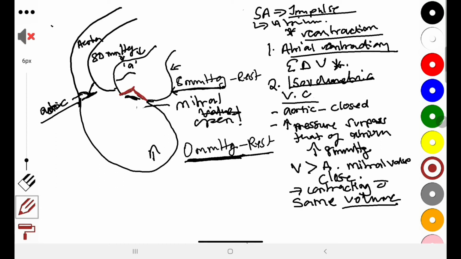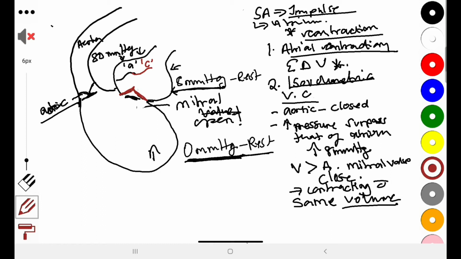It makes a bulge into the atrium, and this bulge makes a slight rise in the atrial pressure, and so from the A wave we have another wave known as the C wave, because of the bulging in. And why is it bulging in? Because the mitral valve has just closed. And why is it closing? Because the ventricular pressure has now risen enough to close the mitral valve.